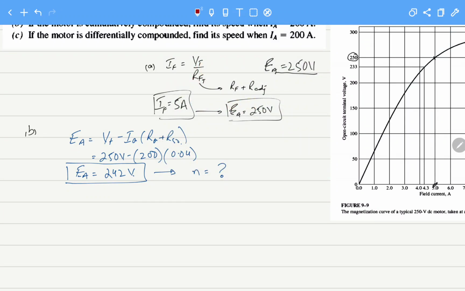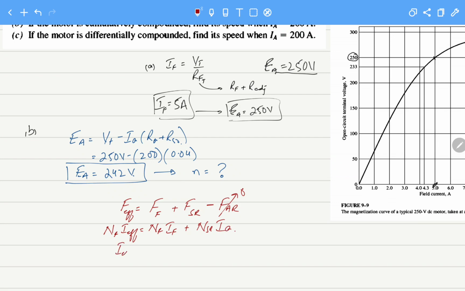inside the machine. If you look at this, F effective is equal to F due to our shunt winding plus F due to our series winding and armature reaction minus. If we are neglecting this, then I can say that NF I effective equals NF IF plus NS I series, which is actually the armature current.